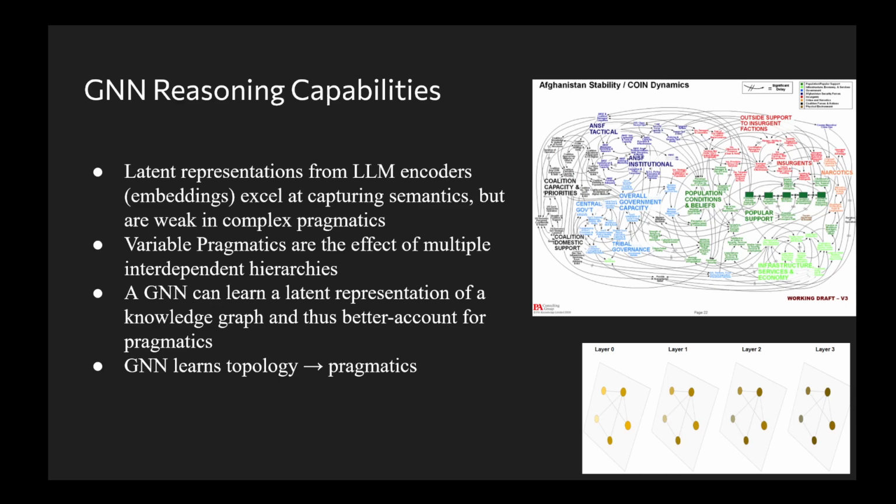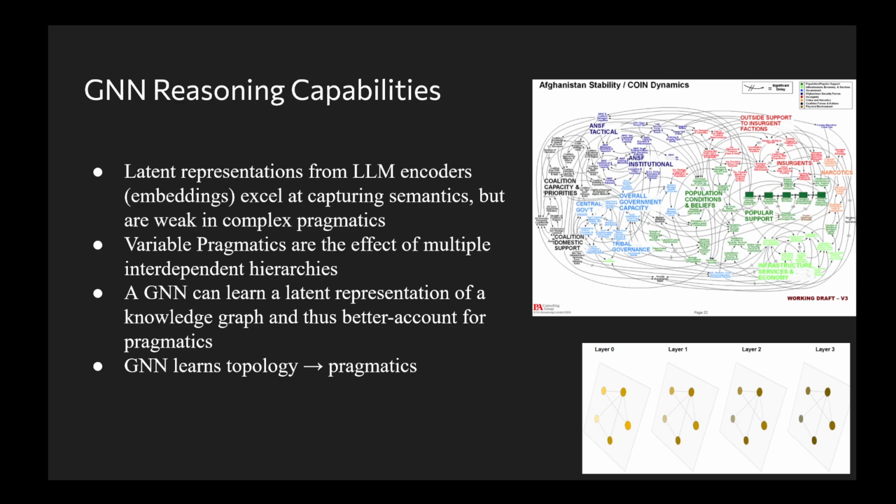By learning those unspoken rules, i.e. the topology, it is essentially learning the pragmatics, because now it's able to learn, in all these contexts, how something will behave, or how a node or edge or whatever it's predicting is going to behave. It learns a linear representation of a knowledge graph and thus better accounts for those pragmatics.